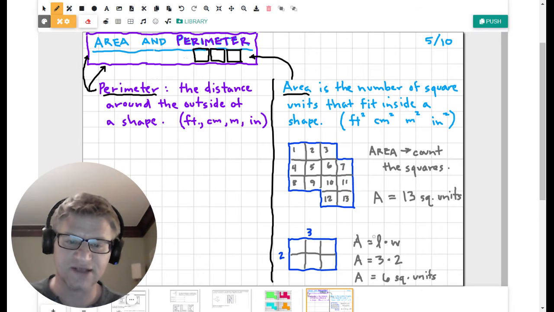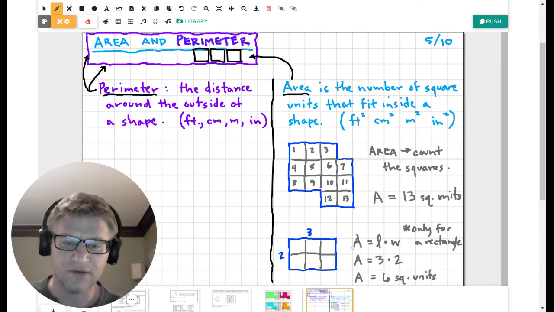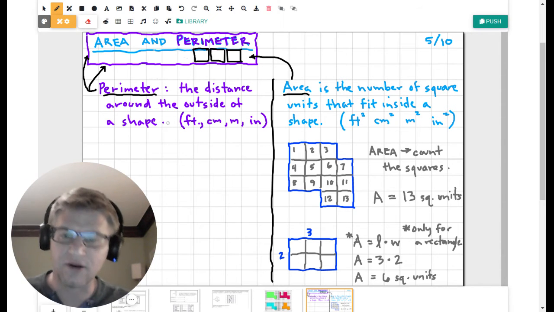And this formula is only for a rectangle. Let's put a little asterisk here. Only for a rectangle.